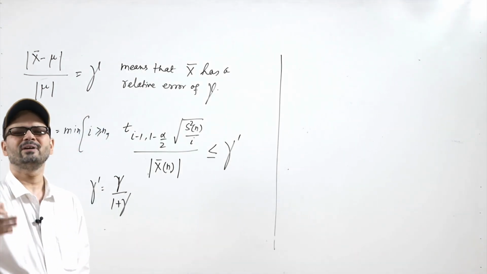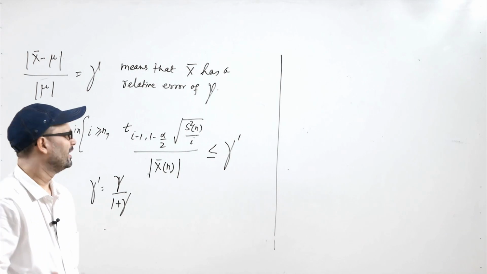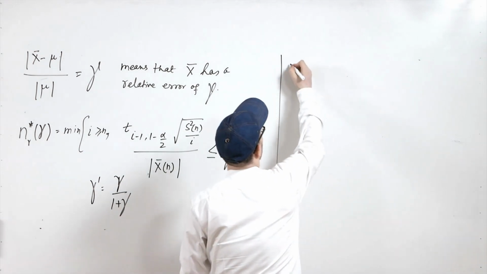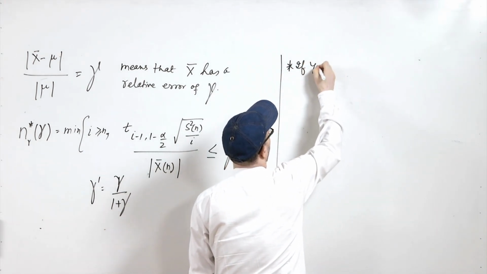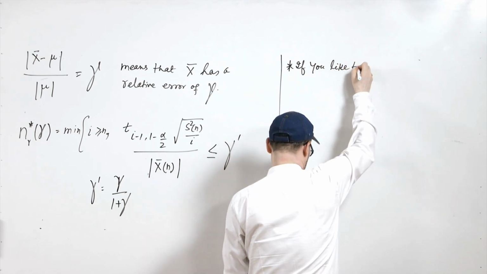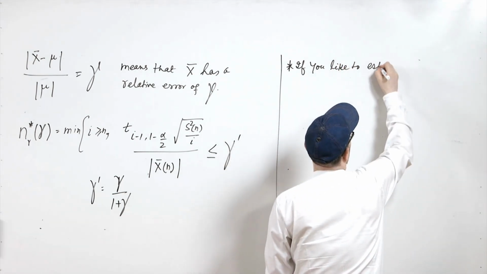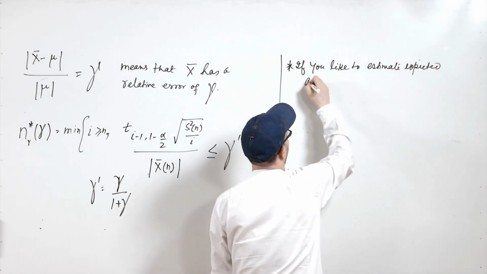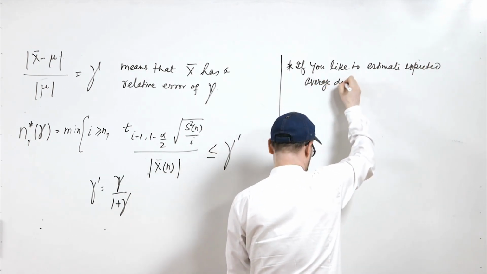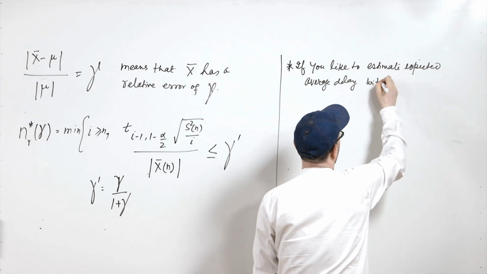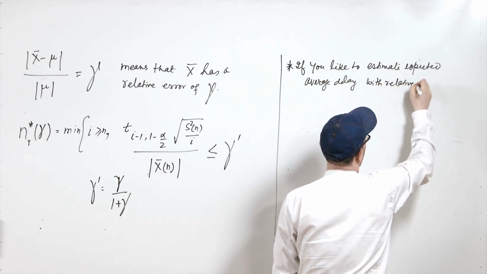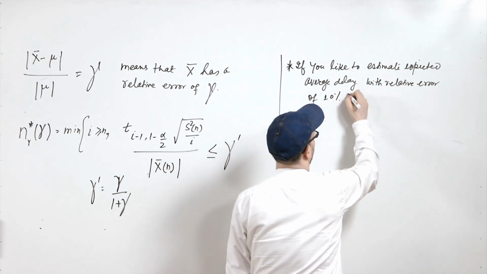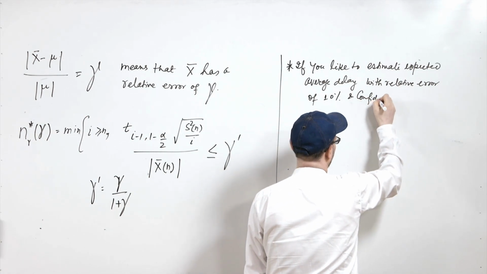Now, suppose we have the same condition as in the earlier problem which we discussed, and we are given that we would like to estimate the expected average delay with relative error of 10% and confidence level of 90%.